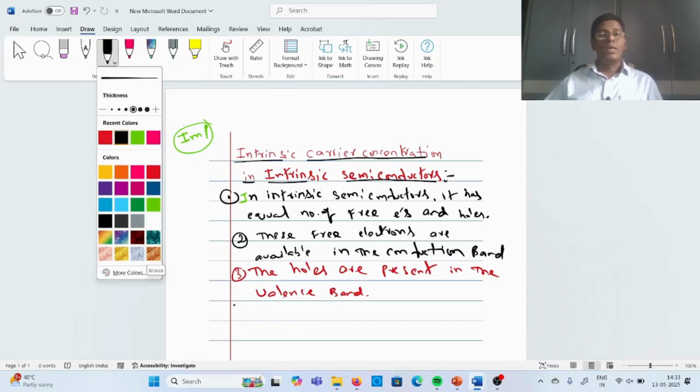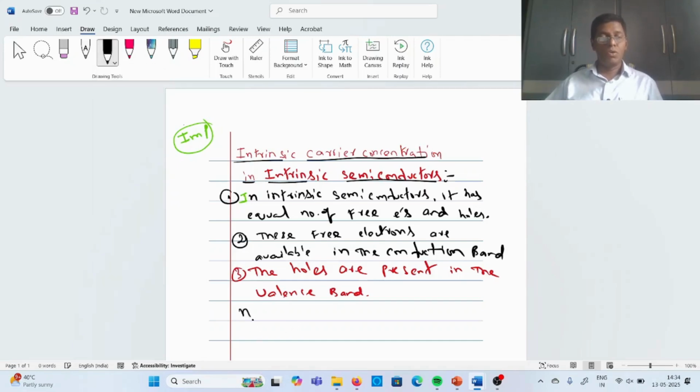Now to calculate intrinsic carrier concentration in intrinsic semiconductor, I am writing the expression for the free electron concentration in the conduction band, that can be written in the form of an equation, that is equal to Ne. What is the meaning of Ne? Number of free electrons in conduction band.